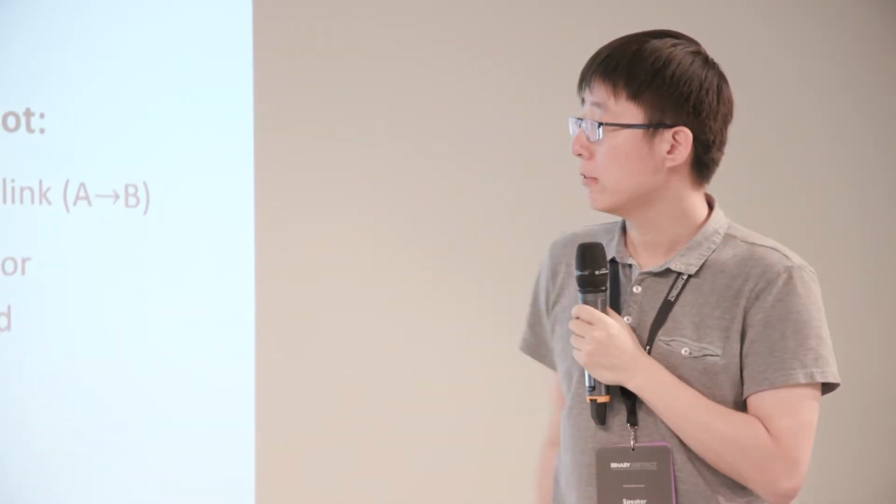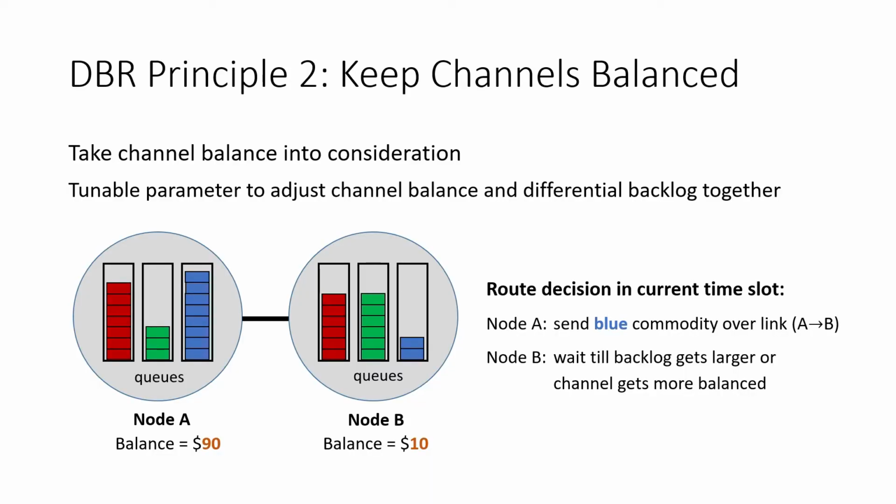In the same example, we changed the balances from 40, 60 to 90 and 10 for nodes A and B. Node A will send a blue commodity over link A to B as well.